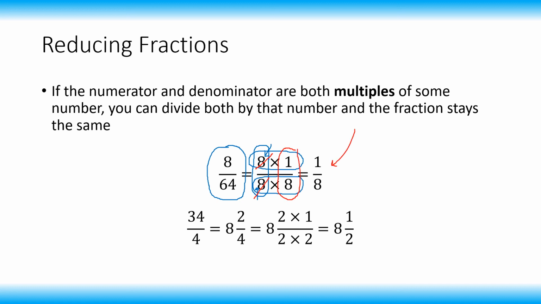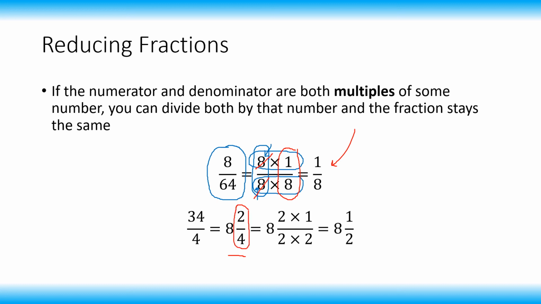And that's this answer right here. In the second example, we've got 34/4, which, suppose the question was to write it as a mixed number, then you can go through that process. We can write it out as 8 2/4 because the denominator stays the same. But then you might notice that this 2/4, both numbers are multiples of 2.